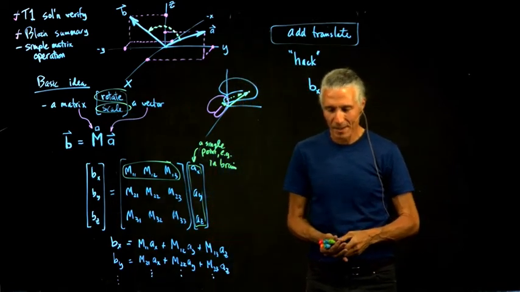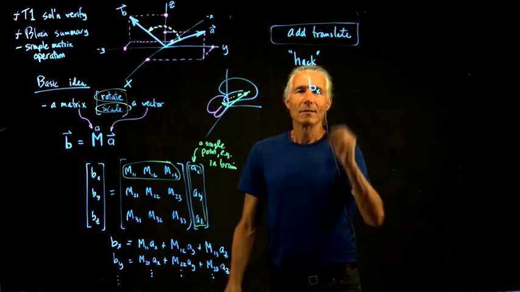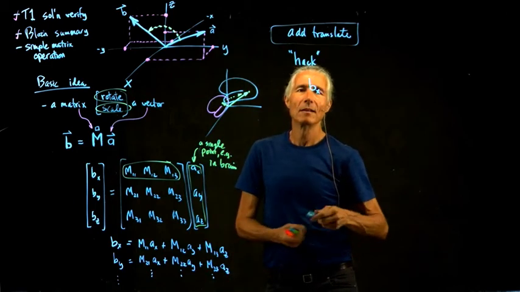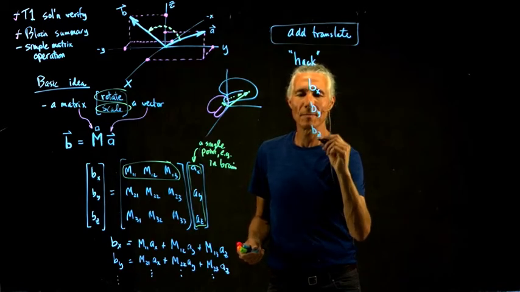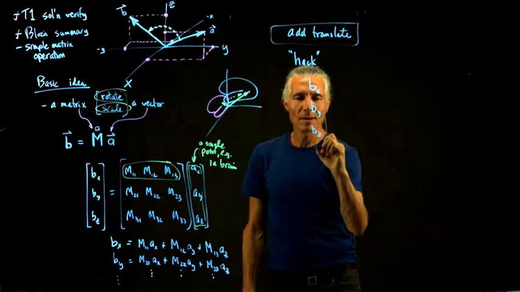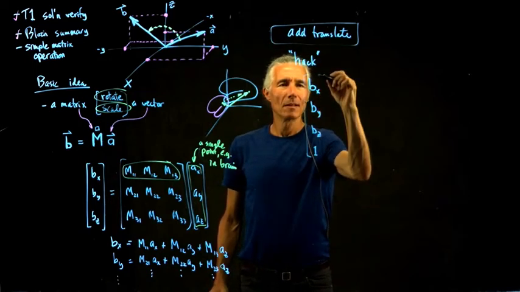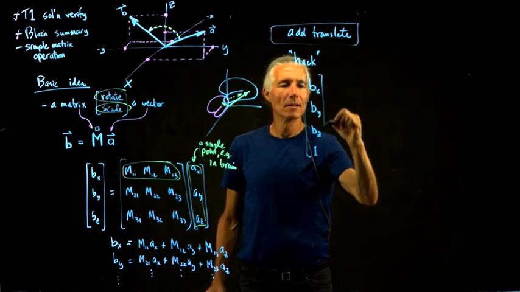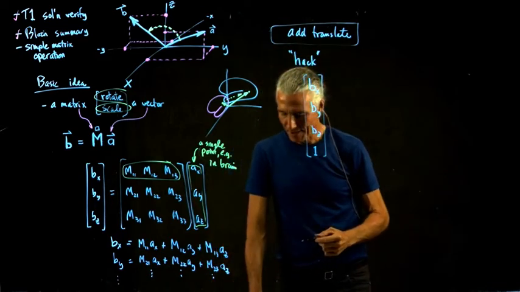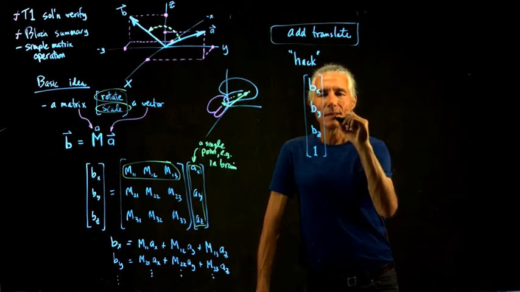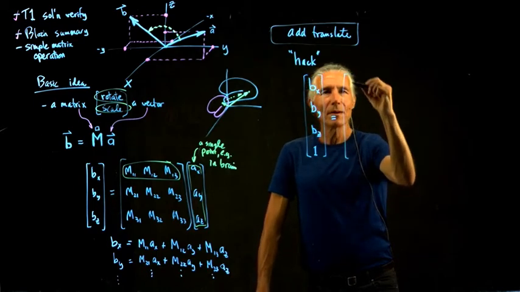Okay, so what does this hack look like? So here's the BX, BY, BZ, that's our aligned brain. And then we have a 1 down here. It's always a 1. And what that is equal to is a matrix that has a 3x3 matrix in it.